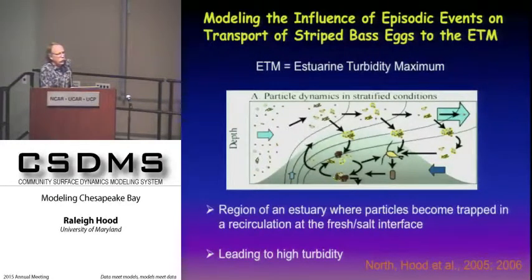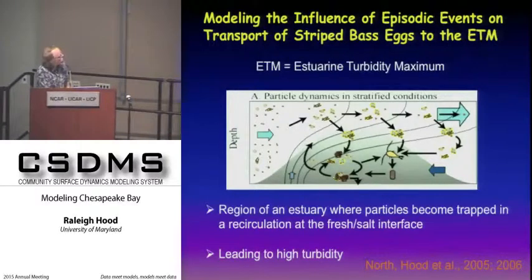It creates a trapping zone and a recirculation, and also a highly turbid zone. Okay, and this occurs, as I said, in most estuaries. And it turns out that this iconic fish, the striped bass, a very important recreational fish in the Chesapeake Bay, that this is a really important nursery area for these fishes.